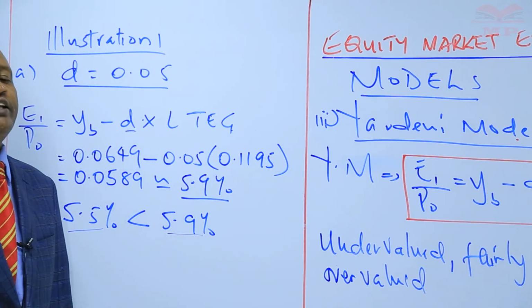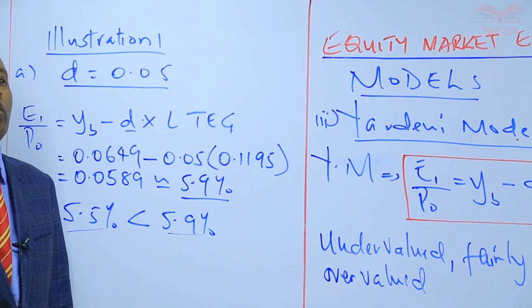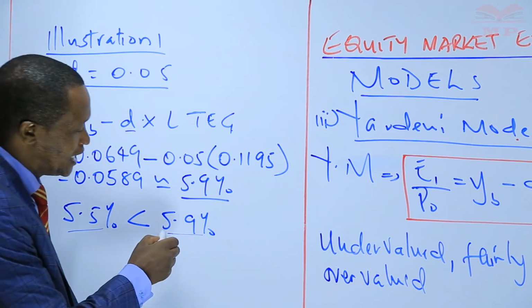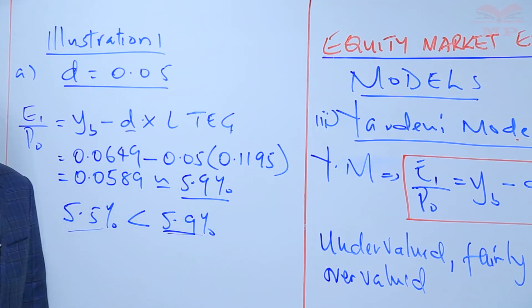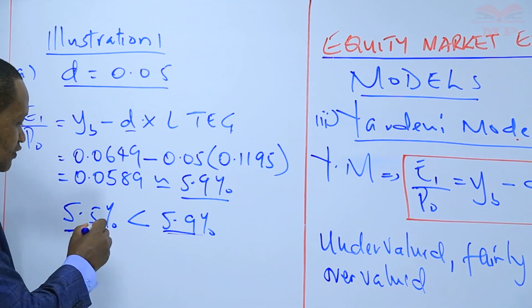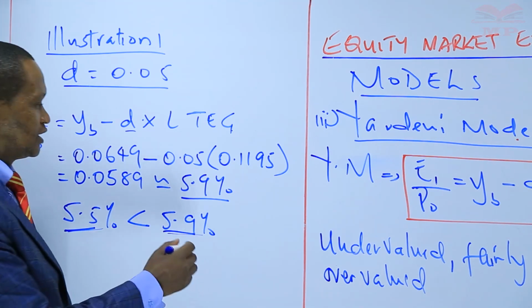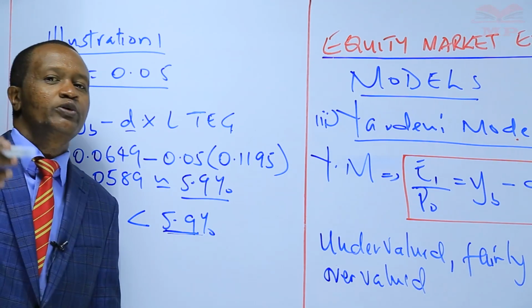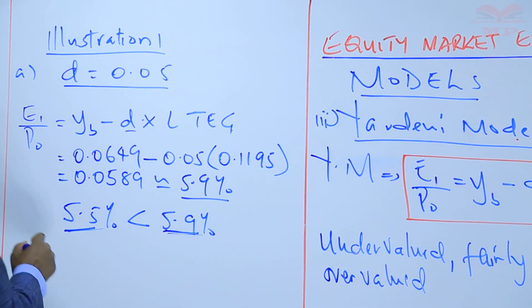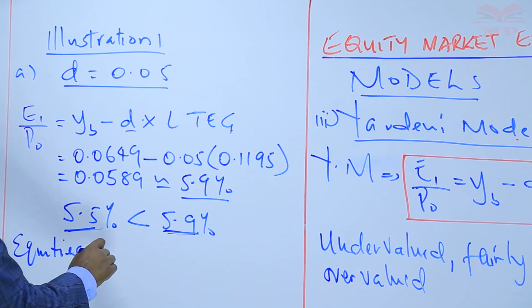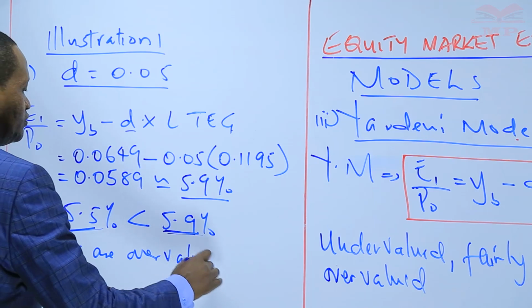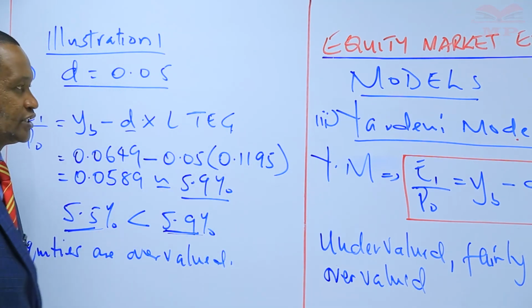So, candidates, these equities are overvalued. The market says the equities are 5.5%. This one we've calculated is 5.9%. Therefore, the equities are overvalued.